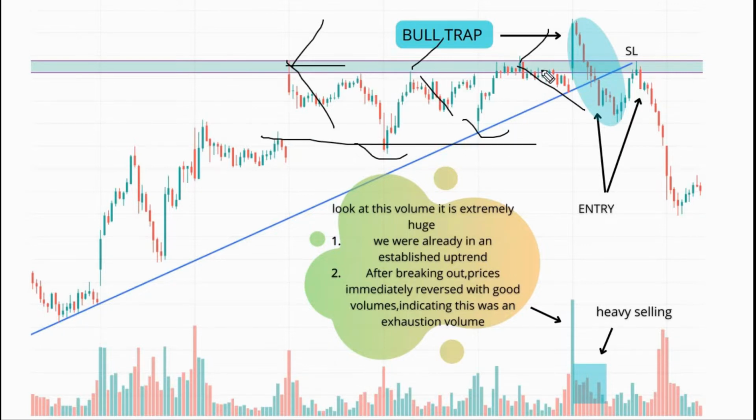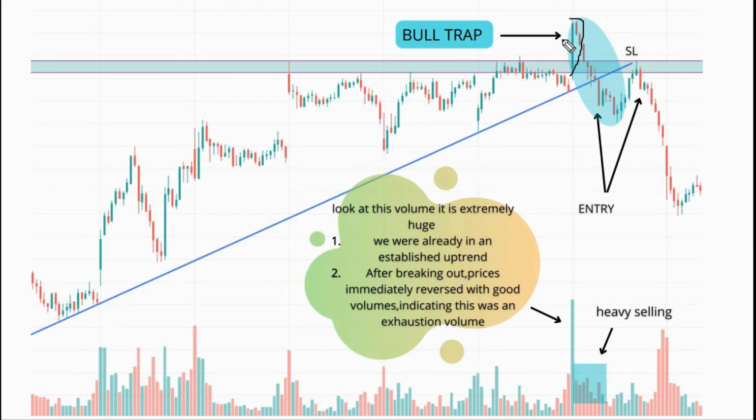So here a range is formed after an uptrend. And then what happened? See this candle, huge candle with huge buying momentum. Okay, see this volume. This is the highest volume in the chart after an established uptrend.